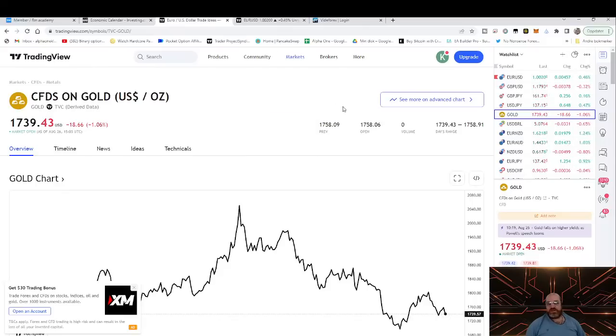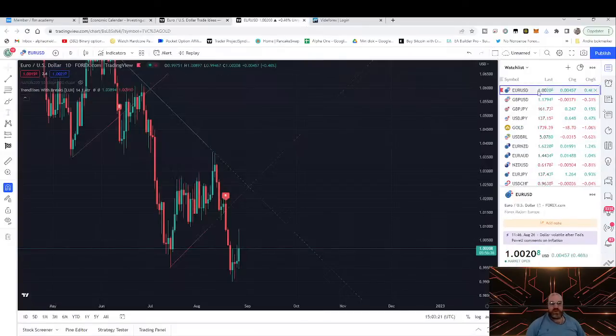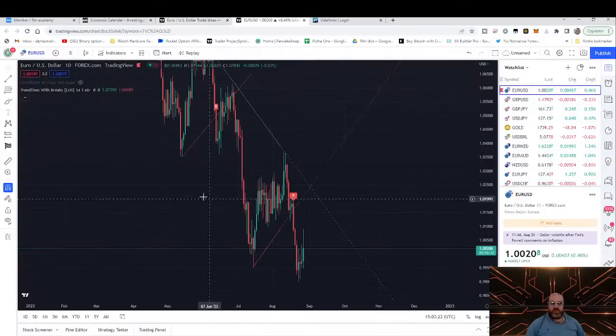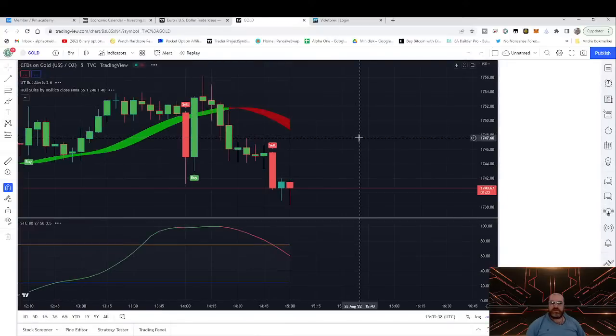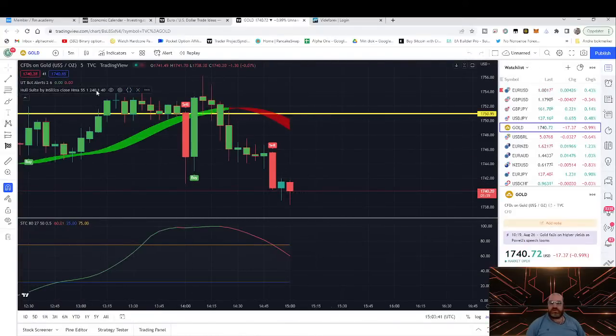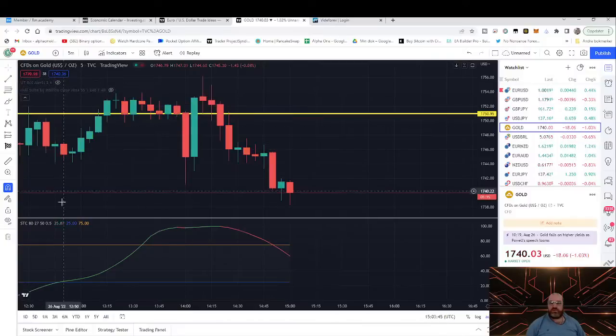Let's take a look at some of the pairs. So as always, we open euro against dollar first. Let's remove this one. Let's reload this one here. And let's turn off these things.